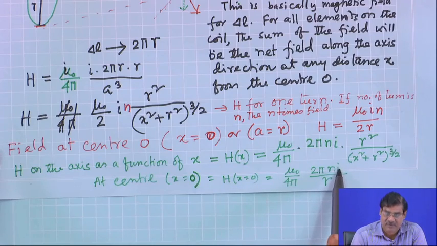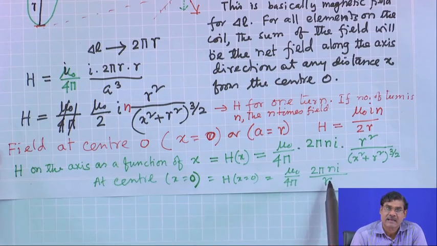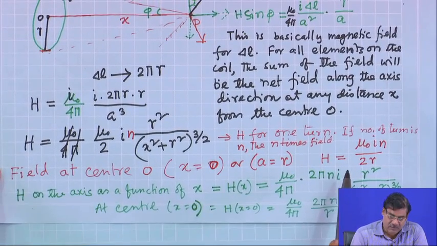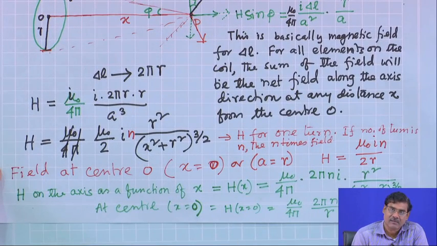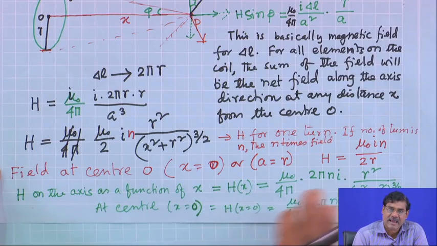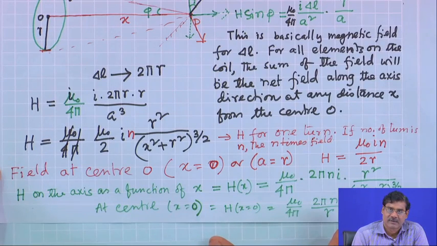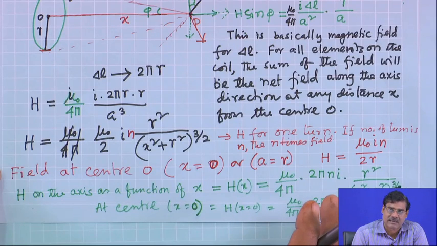If we know the current, then one can find out the radius of the circular coil. So, now, a circular coil of n turns can be used to produce magnetic field. Now, if you take two circular coils and place them coaxially, then one can produce uniform magnetic field between the two coils under certain conditions.